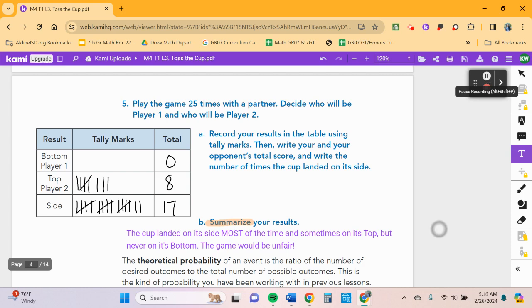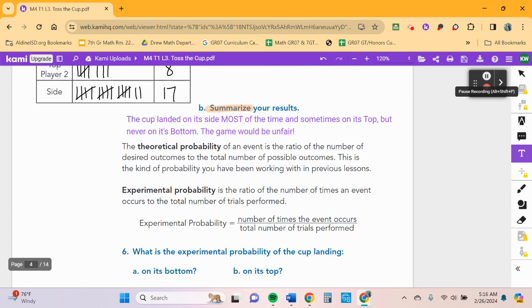All right, let's move forward because here is some key learning for this lesson. We've got some vocabulary: theoretical probability. Don't forget to highlight, underline, or circle this vocabulary word.